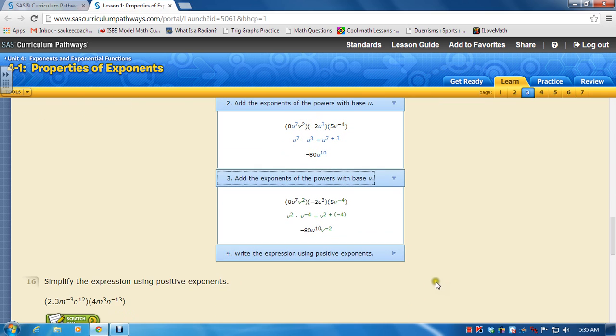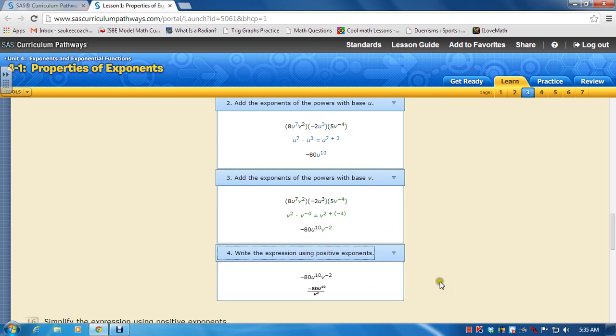Add those, and that is not quite my final answer, because then I've got a negative exponent here, and we know in order to make it positive, I change it to the denominator. So I've got everything I've got up here, and then I just move that v to the negative 2, change its location, make it positive.